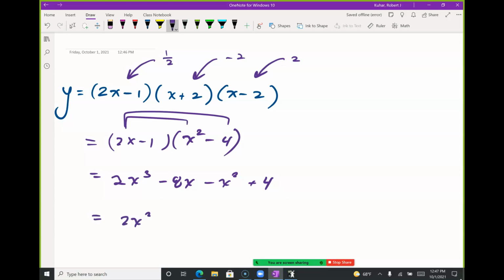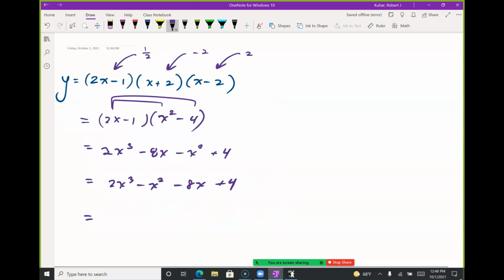So 2x cubed minus x squared minus 8x plus 4. You can really see, when I'm just FOILing this last piece, that the leading coefficient and that final coefficient are in play, right? They are telling me the zeros, and I'm multiplying with them, right?